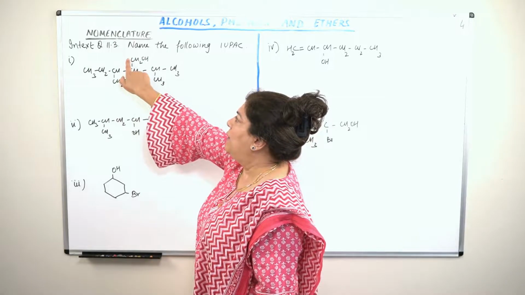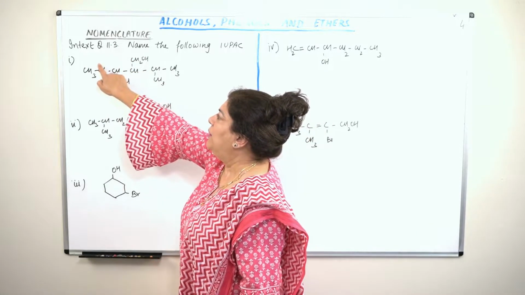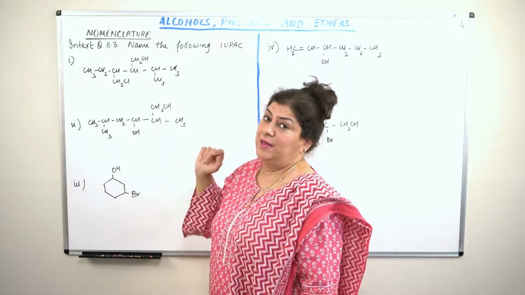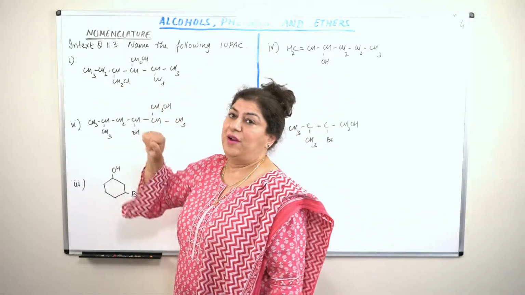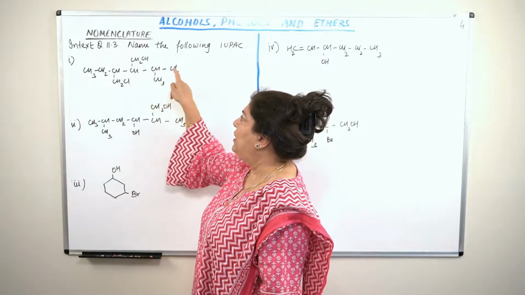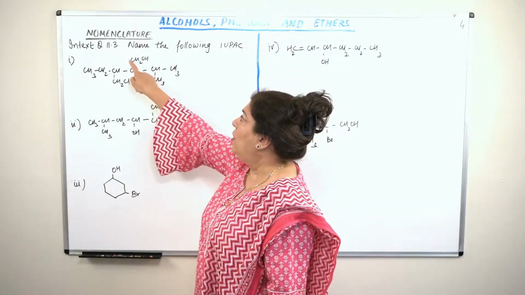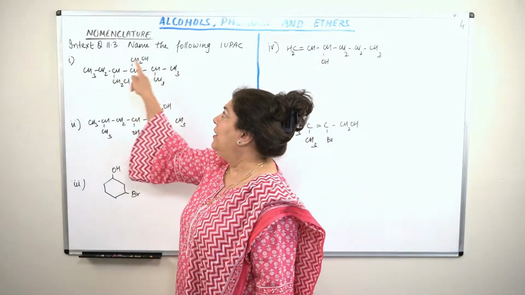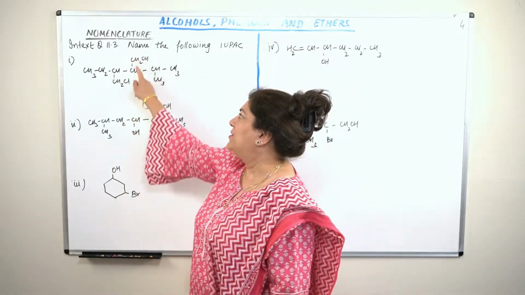So this becomes carbon 1, 2, 3, 4, 5. I have 5 carbons instead of 6. But now my parent hydrocarbon has 5 carbons. I could have chosen 1, 2, 3, 4, which would be butane, but the longest chain along with the functional group has 5 carbons.